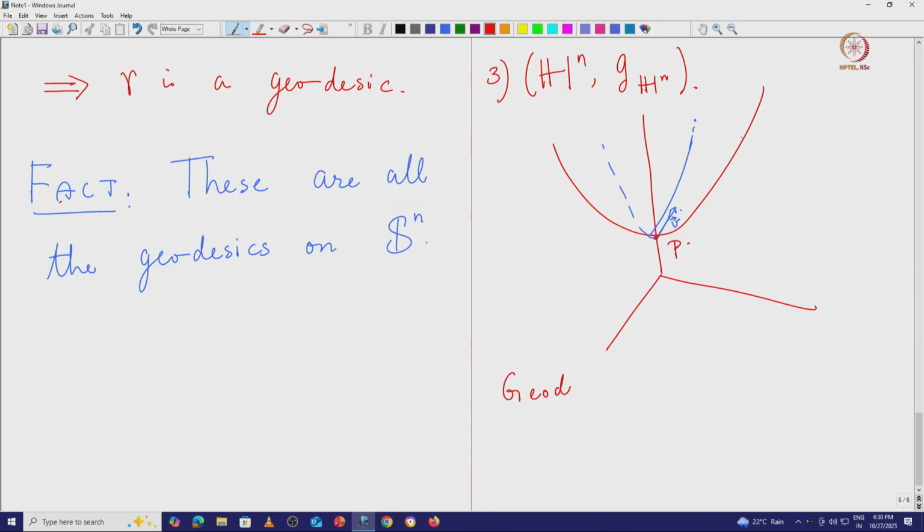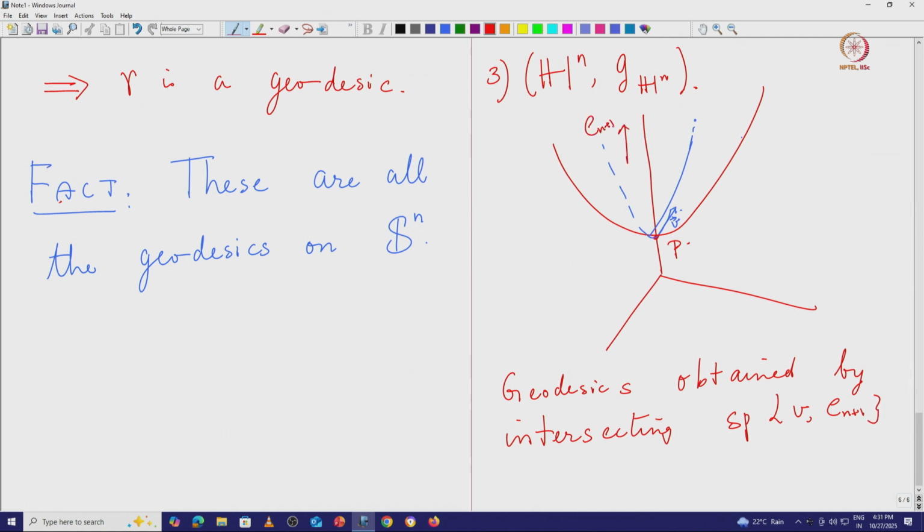So geodesics are obtained by intersecting the span of again V and this n plus first basis vector with the hyperboloid. Okay.